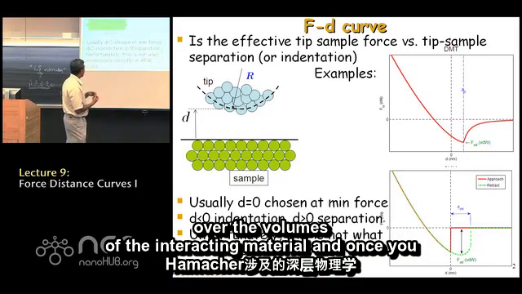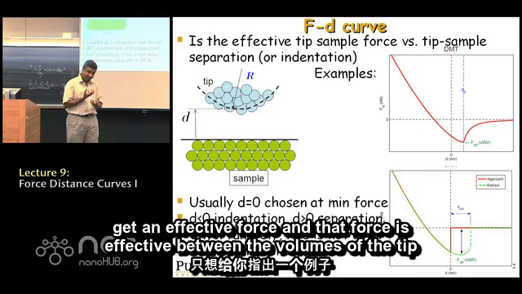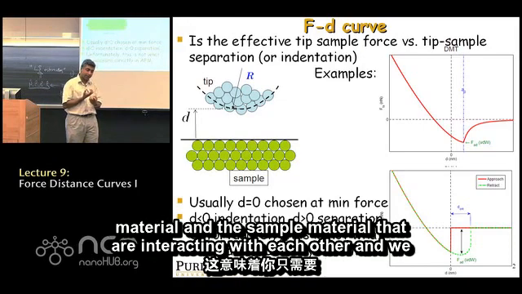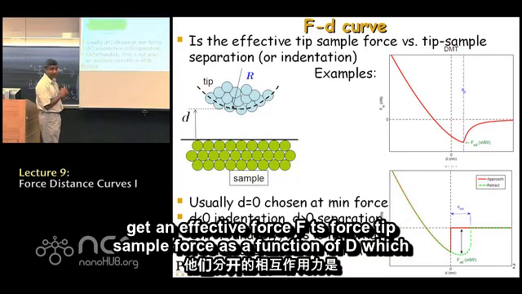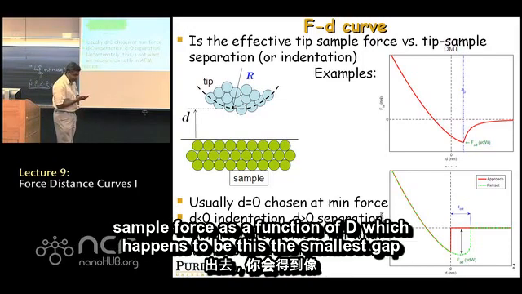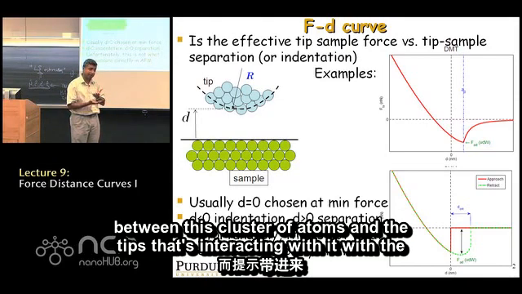Once you do those integrals, as you've seen, you get an effective force between the volumes of the tip material and the sample material that are interacting with each other. We get an effective tip-sample force, F_TS, as a function of D, which is the smallest gap between this cluster of atoms on the tip and the sample.